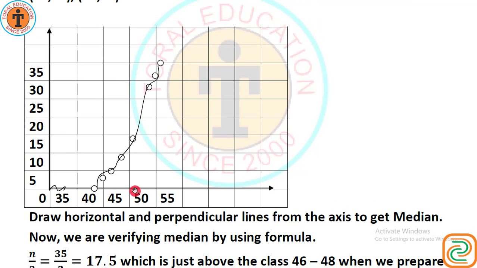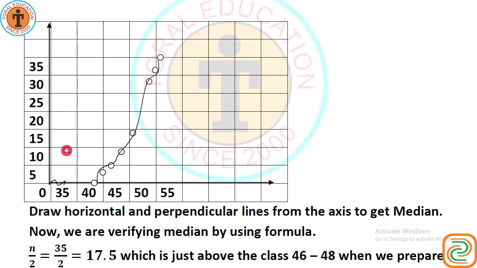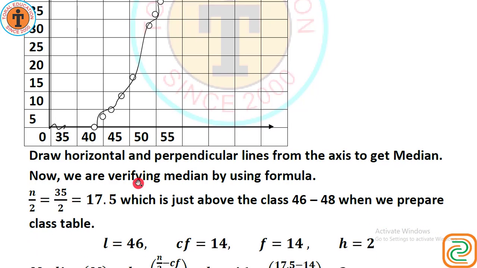Look, 17.5 is halfway between 15 and 20, and when we go halfway on the x-axis, we may get 46 or 47 near about.